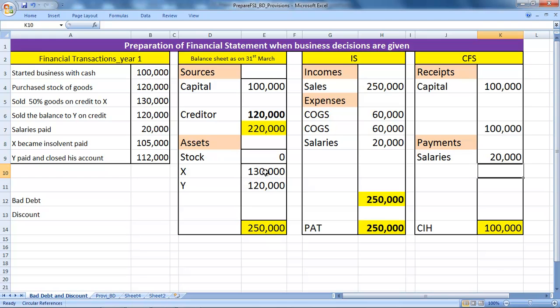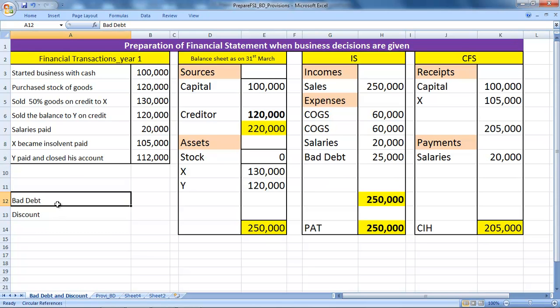X has to pay you 130,000 but could pay only 105,000, so collection from Mr. X 105,000, and because he became insolvent we say the balance money will not be recovered, and the balance money is 130 minus 105, that is 25,000.